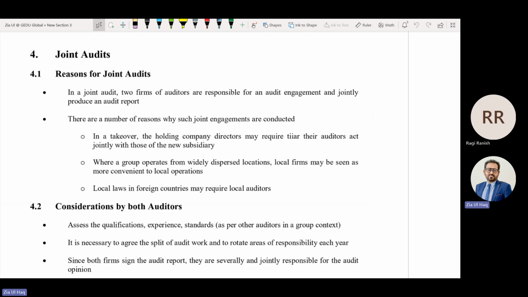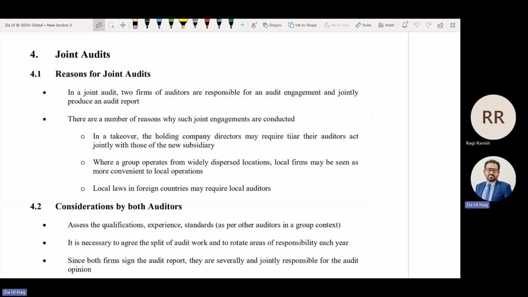Due to lack of knowledge about local laws, regulations and standards, sometimes you need to engage a local firm so that they provide knowledge about the local laws and standards, and you gain knowledge about how to conduct the audit expertise. So that audit will be called joint audit.